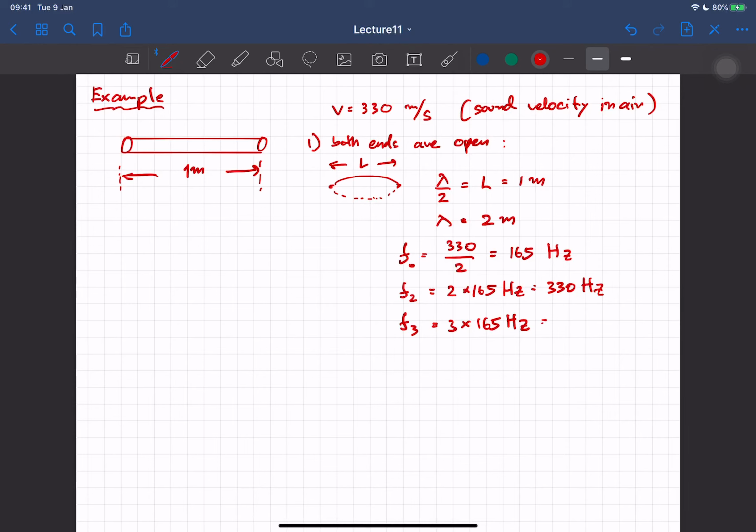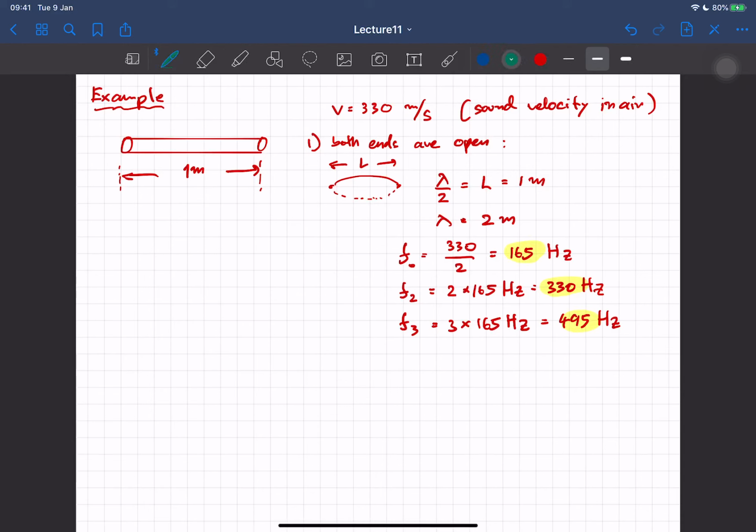It's always the number of the harmonic times the fundamental frequency, so that's 495 Hertz. We can keep on going, but we only want to write down the 3 lowest frequencies, and this is the answer, right? This one, and this one.